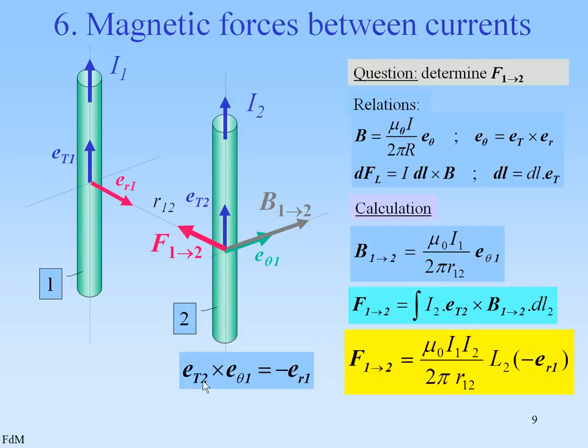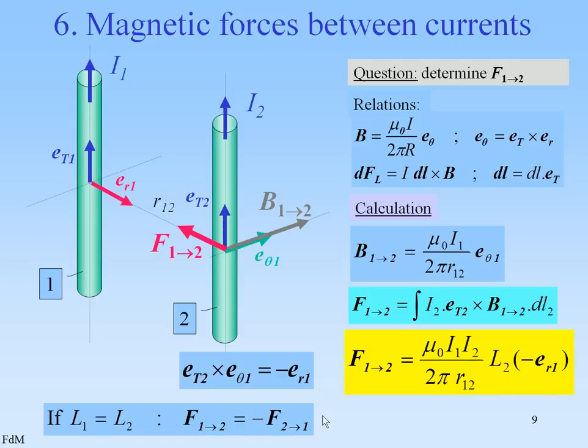And you can see it here, e_t2 times e_theta1 is minus e_r1. And this means that F1 on 2 is a force in which current wire 1 attracts current wire 2.